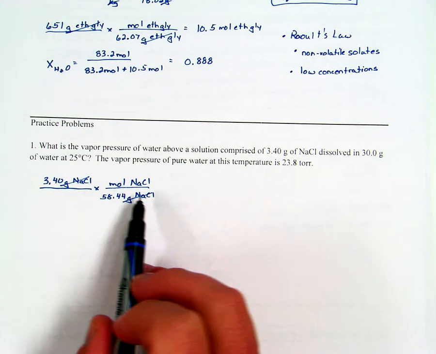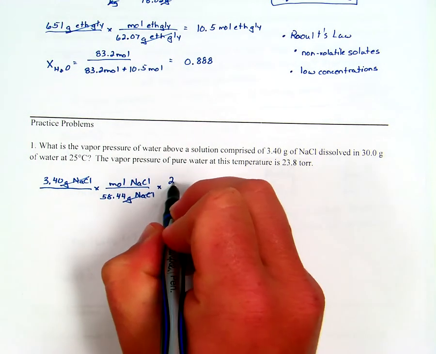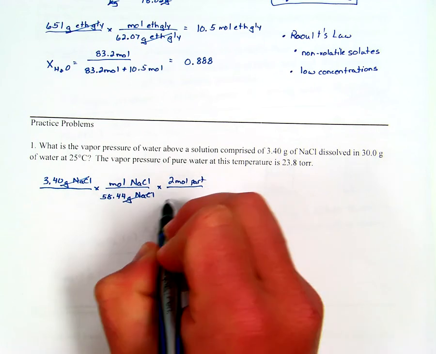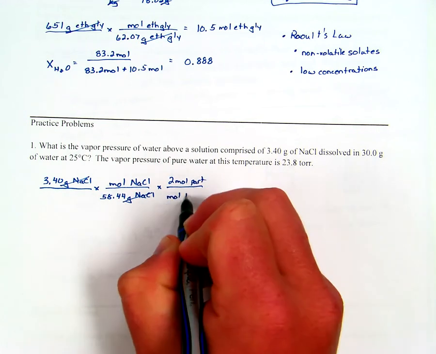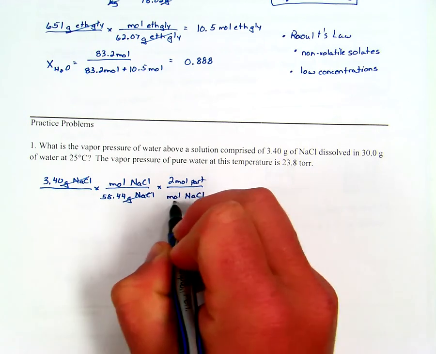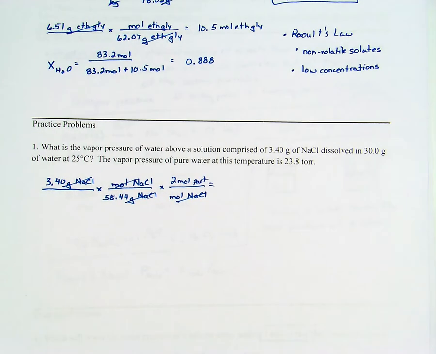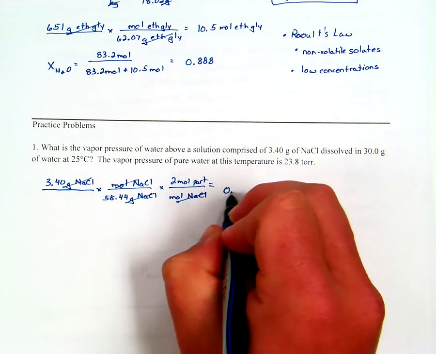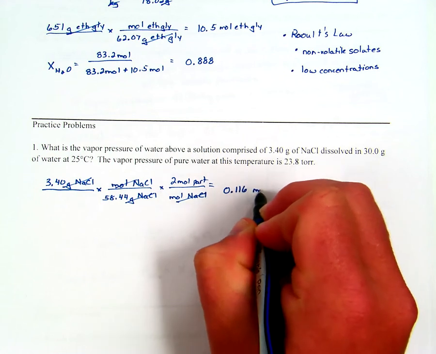This has been the example we've used most often here. So I do need to have another conversion factor there. Alright, so this gives us 3.4 divided by 58.44 times 2. It looks like we get 3 sig figs. I get 0.116 moles of particles. So now we need to do the same thing for the water, find how many moles there are.